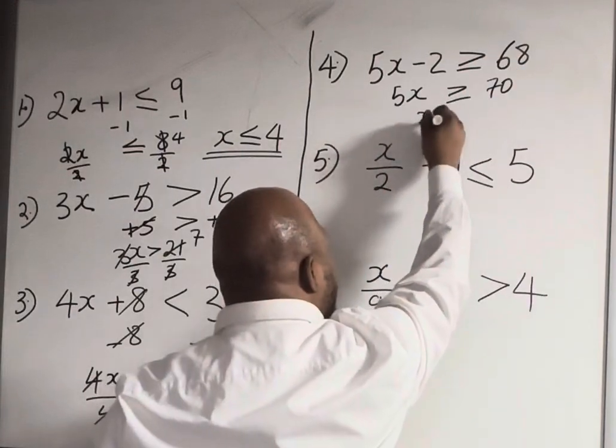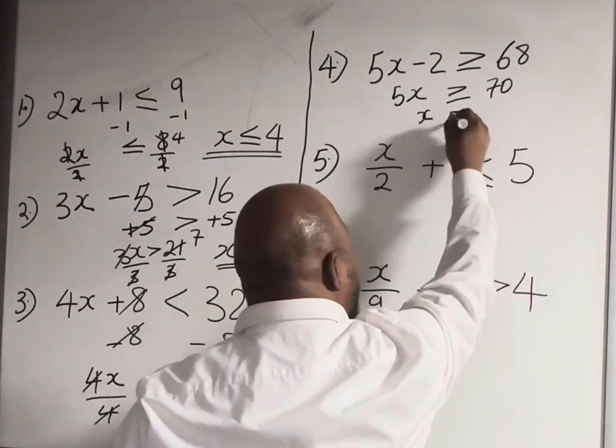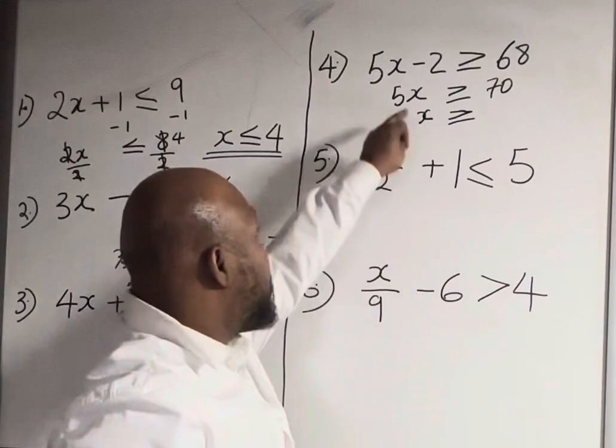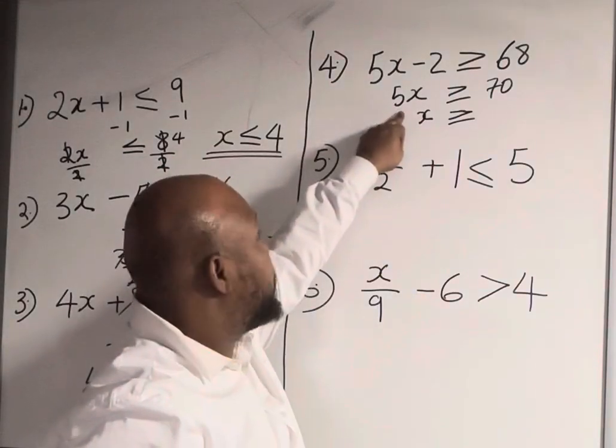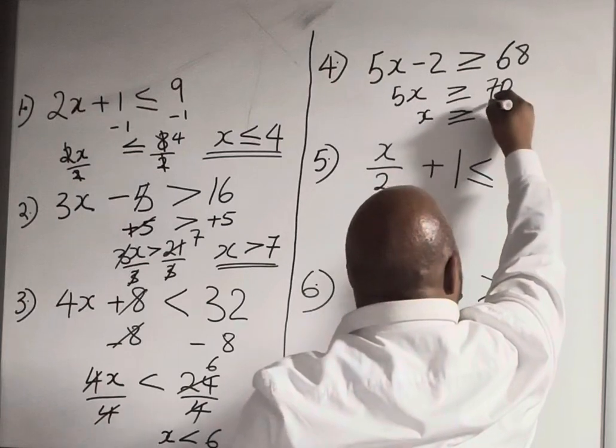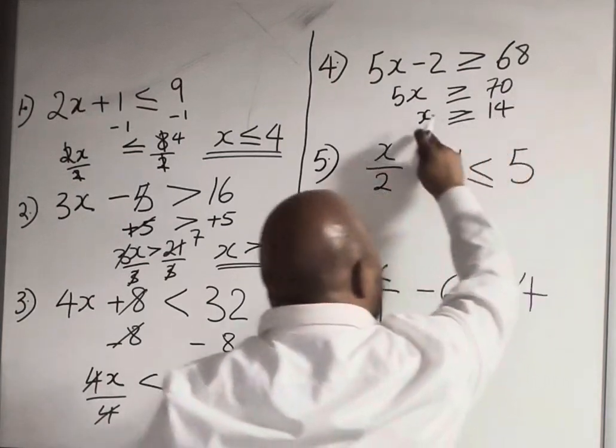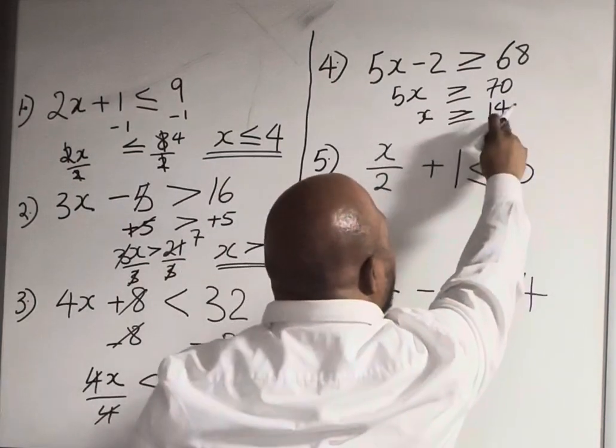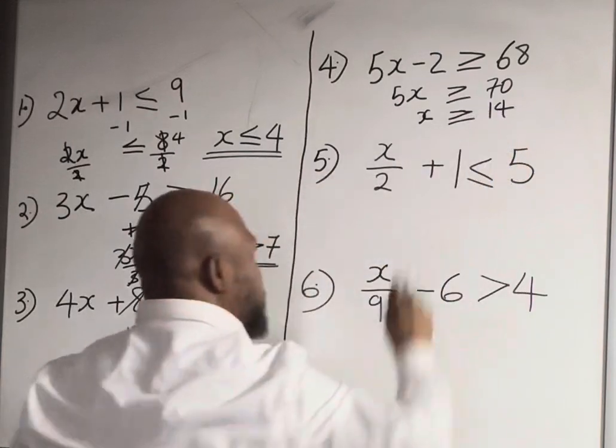Now we are dividing both sides by 5, so x is greater than or equals to 14.